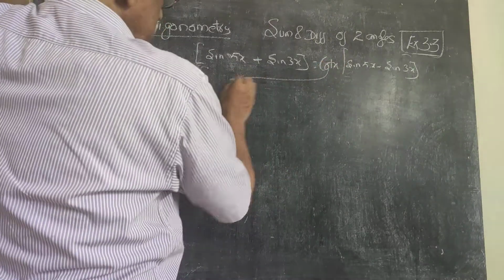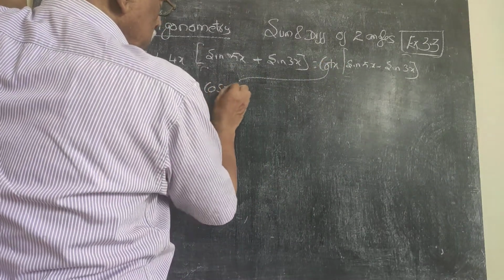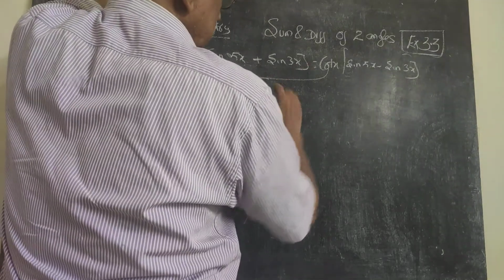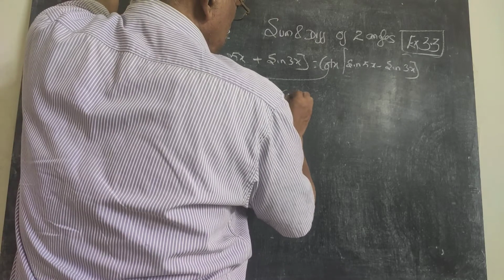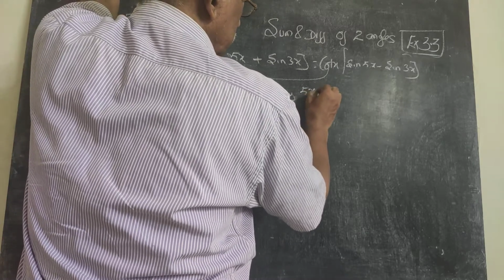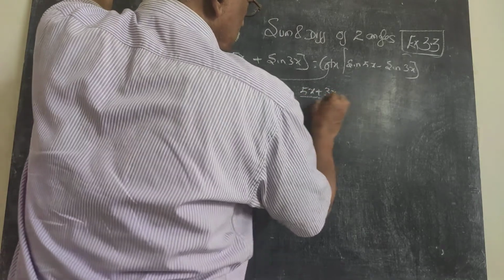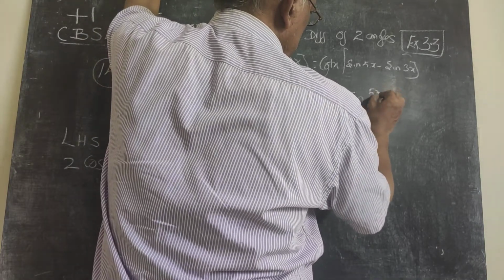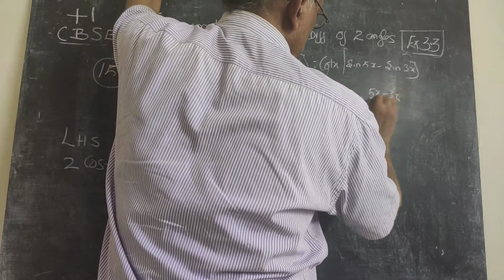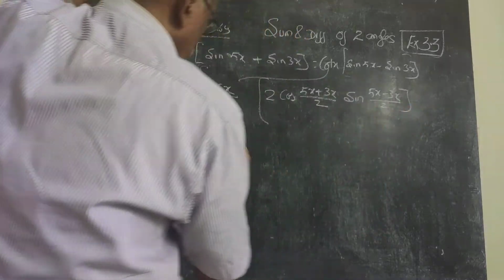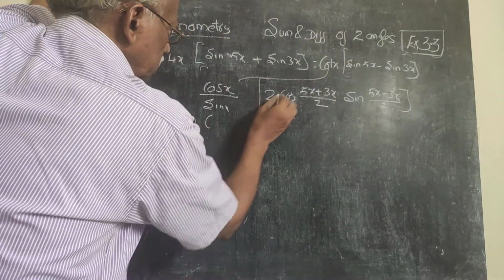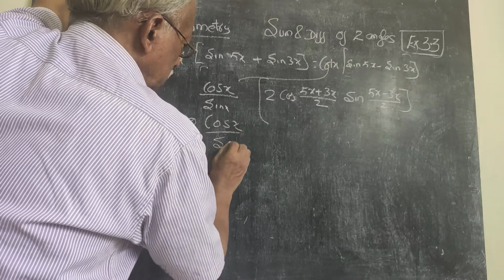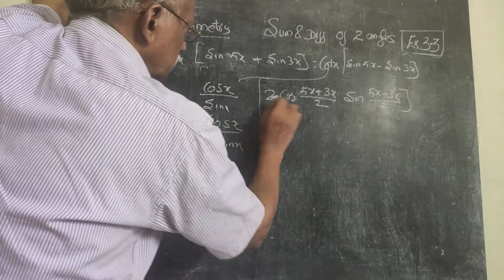Here is cot x, that is cos by sin. Sin c minus sin d is 2 cos c plus d by 2 and sin c minus d by 2. I have taken that out, and this is cos x by sin x.